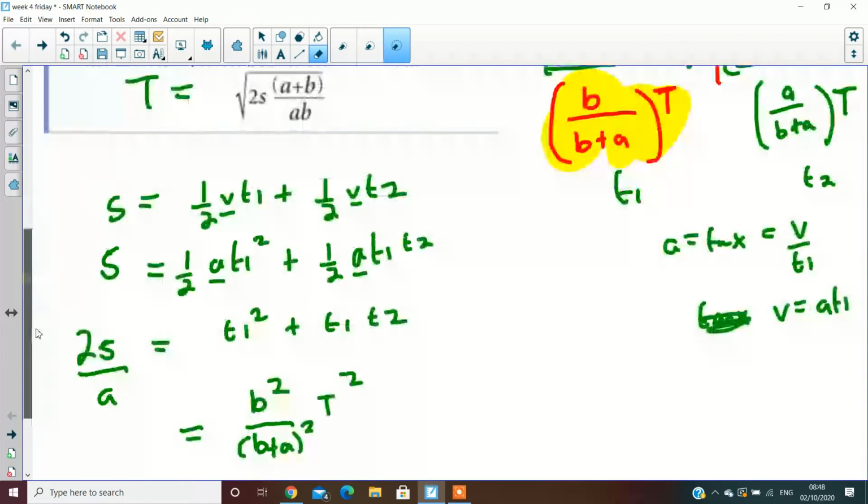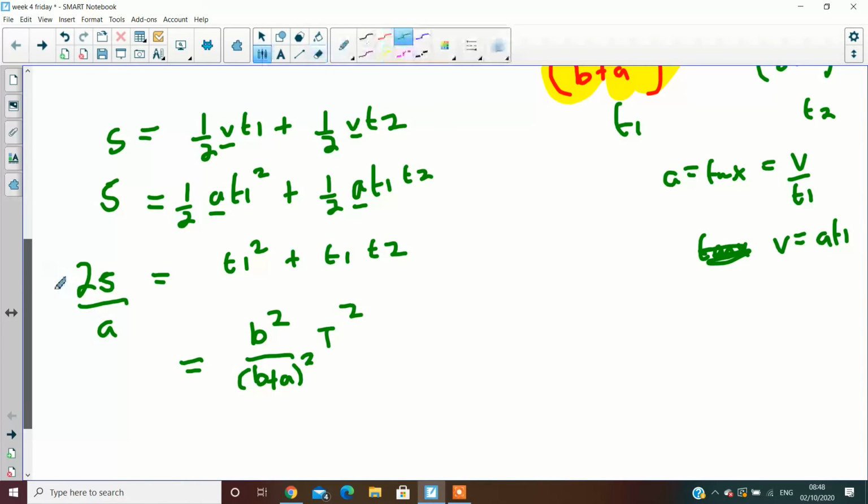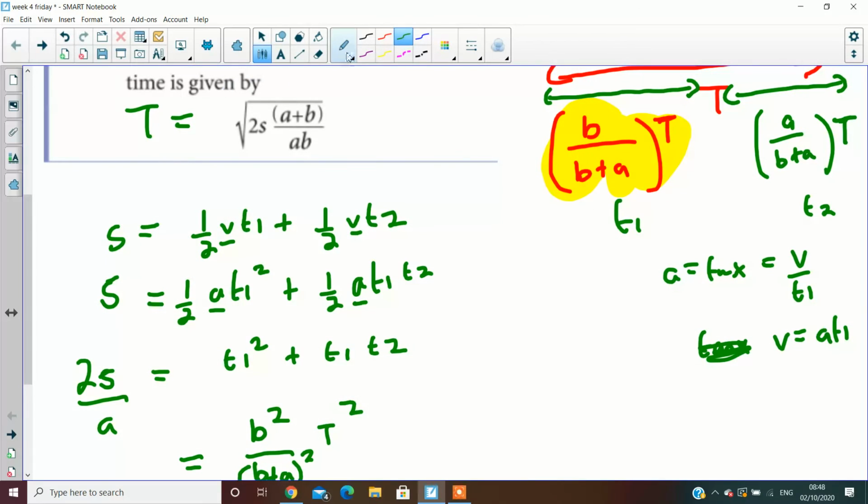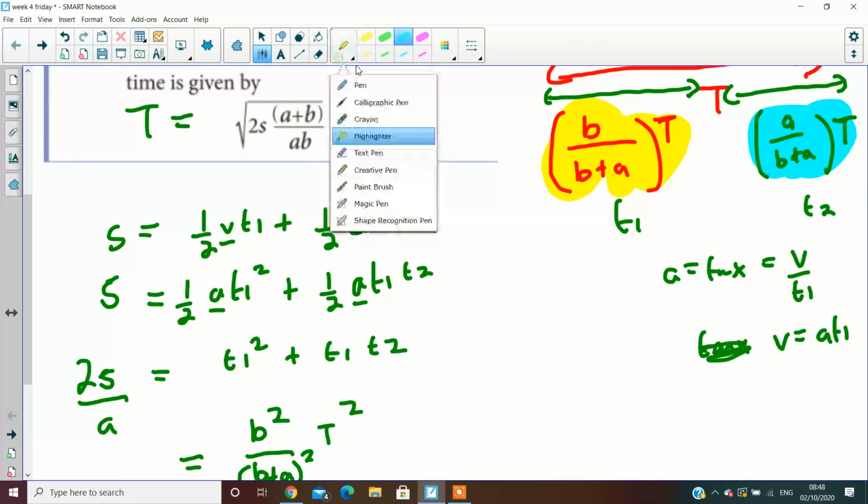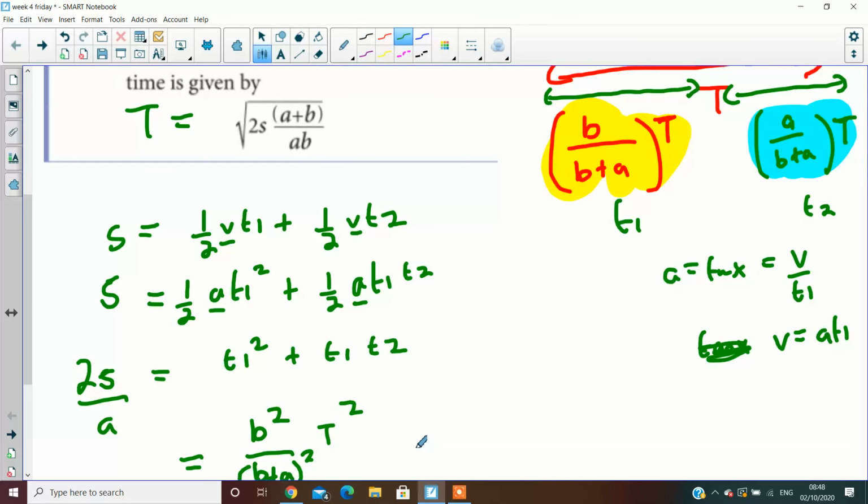Okay? Now, what's T1 multiplied by T2, which is going to be the yellow blob multiplied by the blue blob? AB over B plus A squared. So it's going to be AB over B plus A squared, yeah?